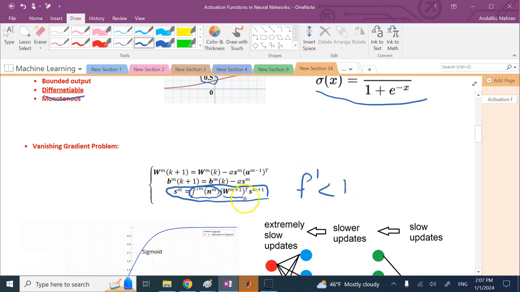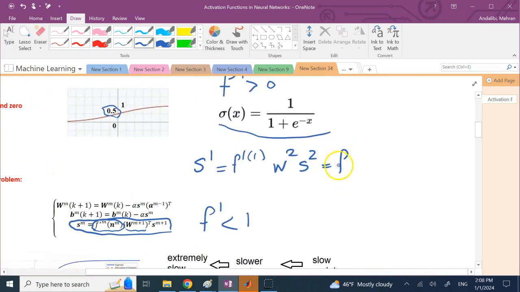Well, then, as you go back toward previous layers, from the last layer to the one before the last, all the way to the first layer, all of these F primes are multiplied together, okay? So let's say you have 3 layers, right? Then F prime of layer 1 is multiplied by W of layer 2 times S of layer 2. That becomes S of layer 1. But S of layer 2 itself is what?